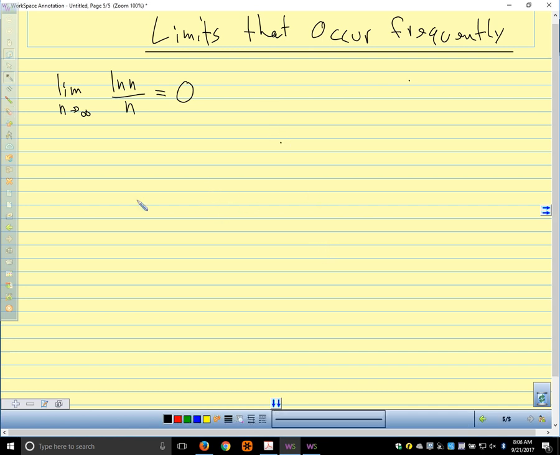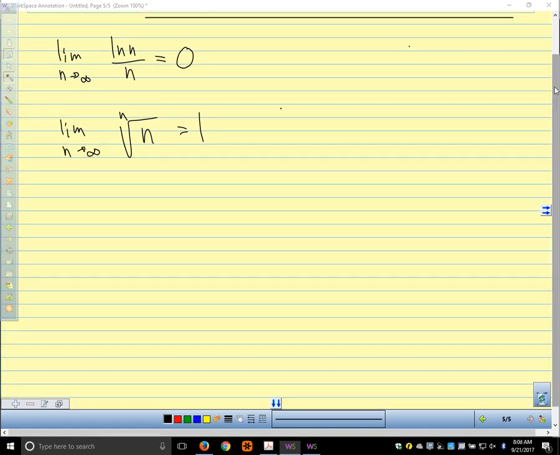Okay, the next one, the limit as n approaches infinity of the nth root of n equals 1. It's like some number to the 1 over n, and 1 over n goes to 0, so it's some number to the power of 0, which then is 1.